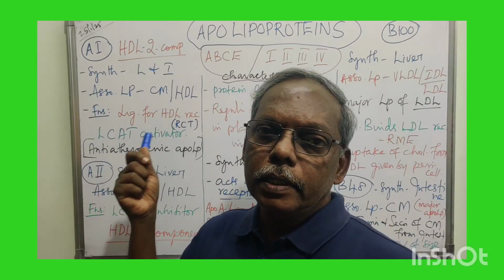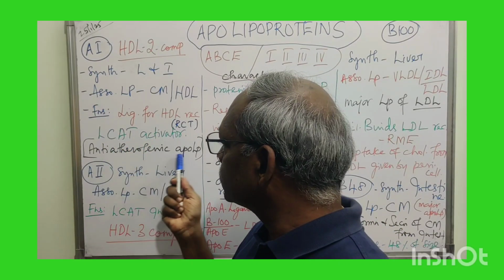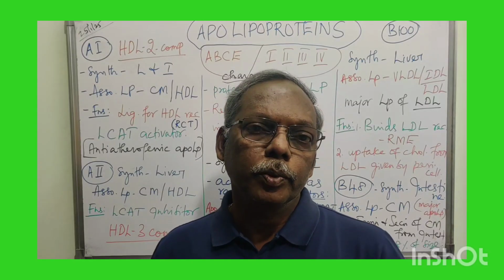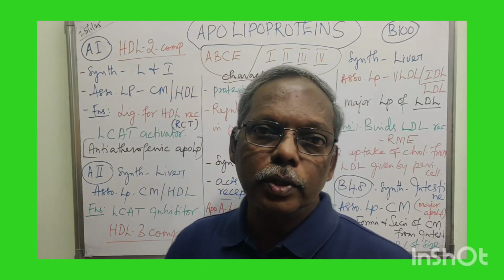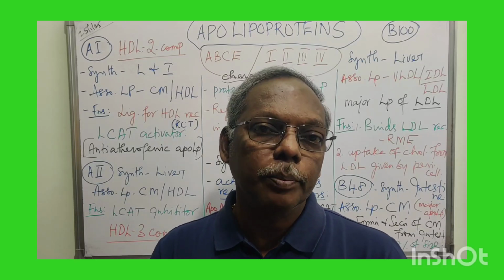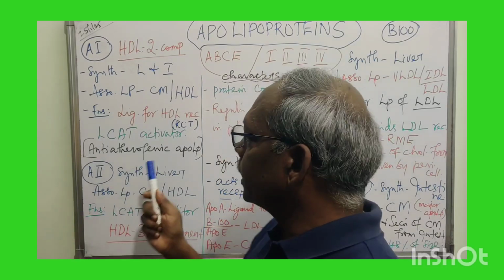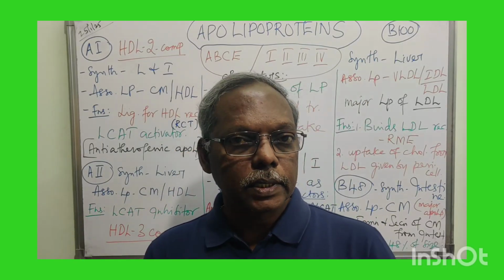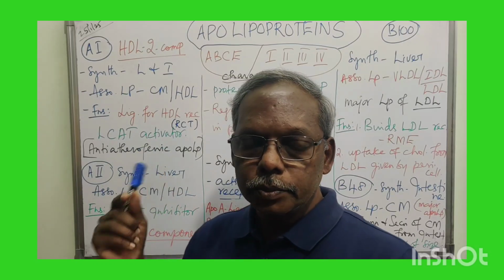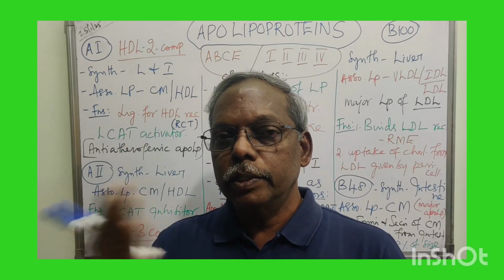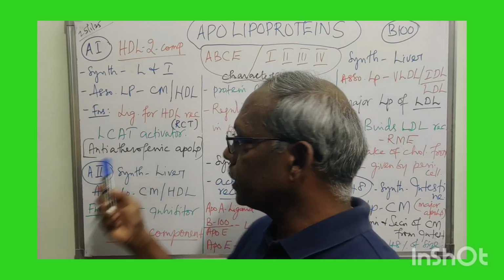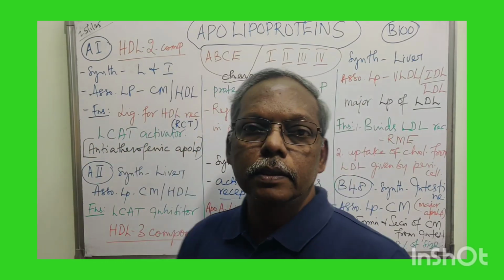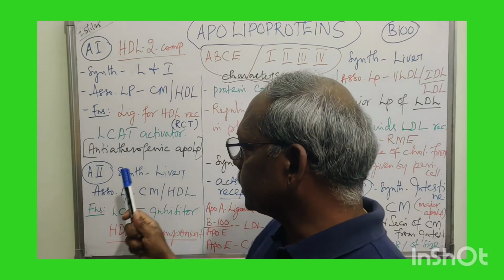That is why it is an anti-atherogenic apolipoprotein. Which one? ApoA1 is the anti-atherogenic apolipoprotein. Why? It is involved in reverse cholesterol transport. What is reverse cholesterol transport? Cholesterol from the peripheries is transported to the liver with the help of LCAT. That is reverse cholesterol transport.